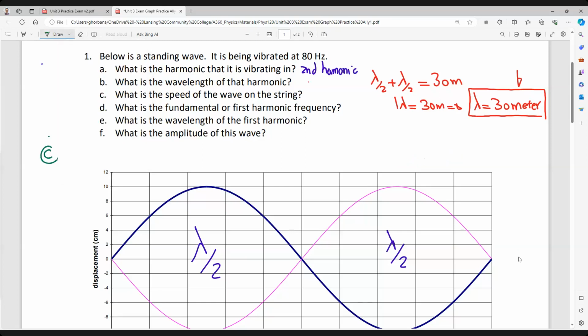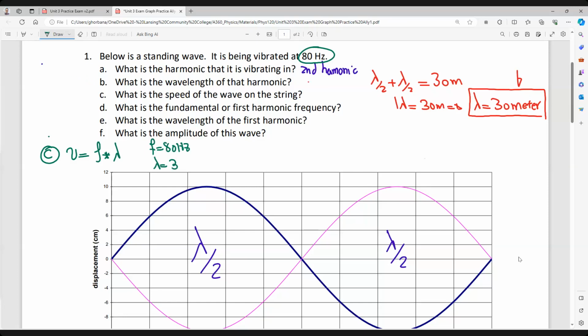For part C, we are supposed to calculate the velocity at this harmonic. So, frequency multiplied by lambda. We already have the frequency for the second harmonic, which is 80 hertz, and the wavelength we just calculated.